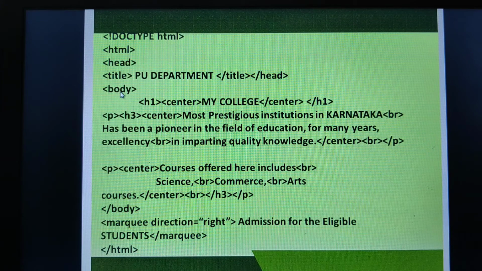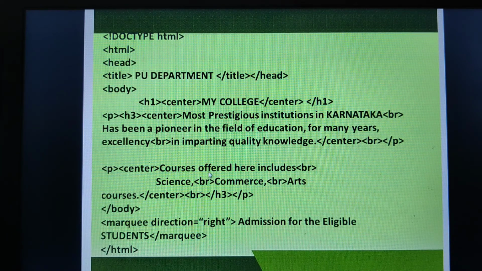Within the body tag, firstly I want My College, and then the details: it's one of the most prestigious institutions in Karnataka. In the next line, I want the statement: has been a pioneer in the field of education for many years, excellence, break line, and again the text: in imparting quality knowledge. Close the center tag, then have a break line, and then close the paragraph.